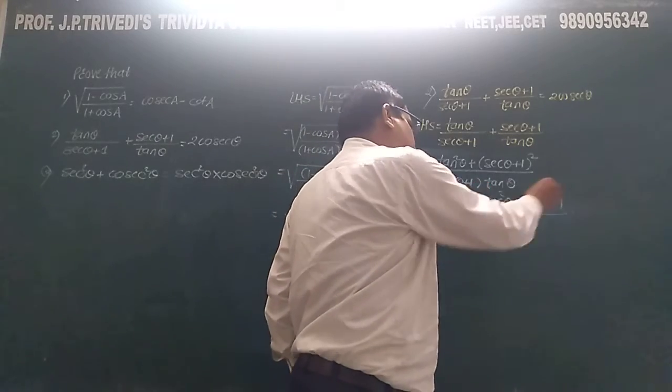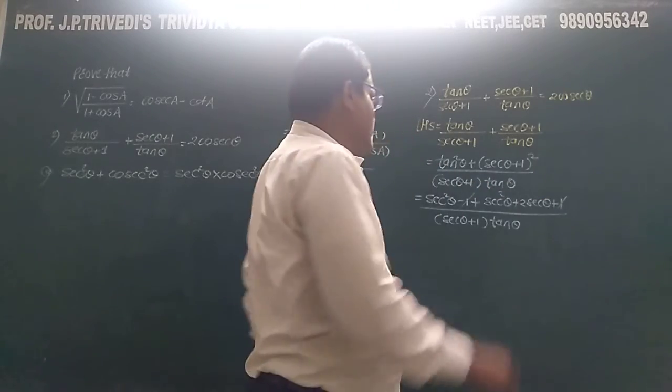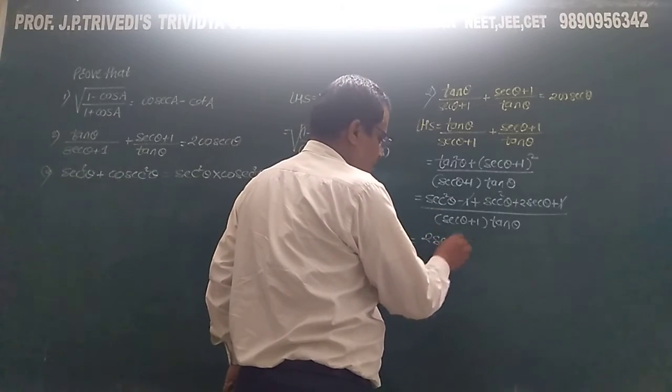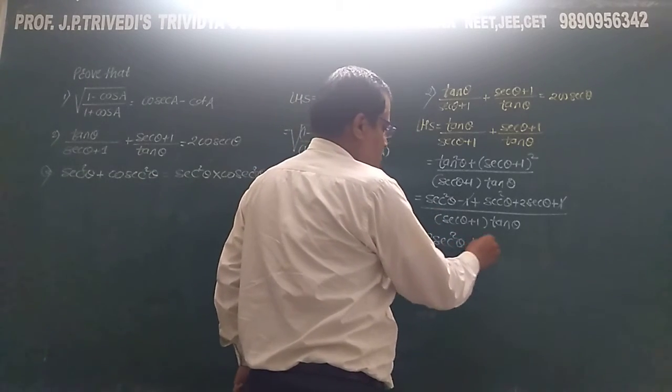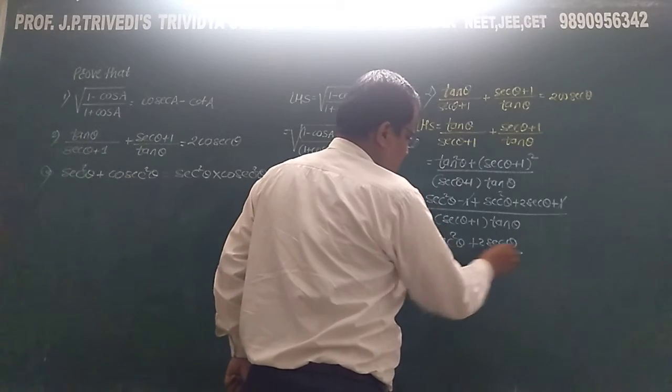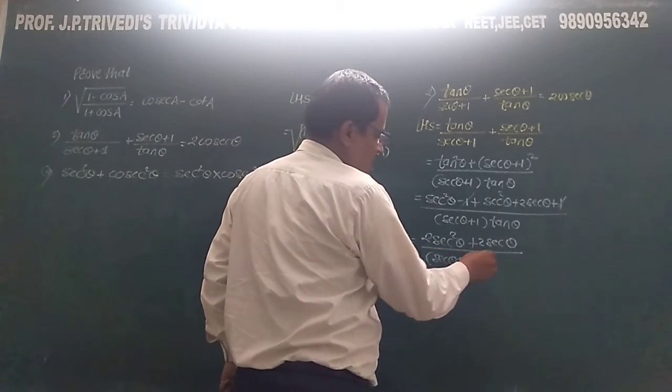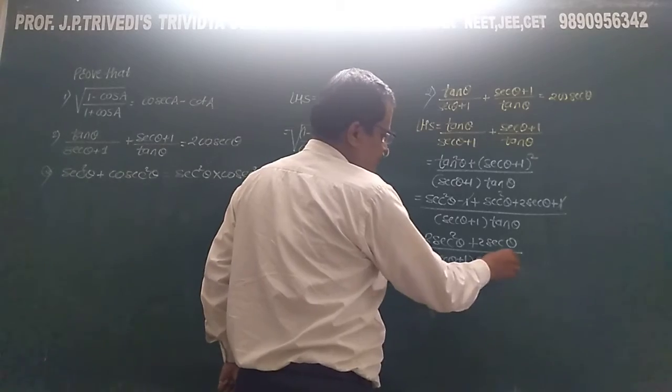Now this gets cancelled. Sec square theta and sec square theta give 2 sec square theta plus 2 sec theta, divided by (sec theta plus 1) into tan theta.